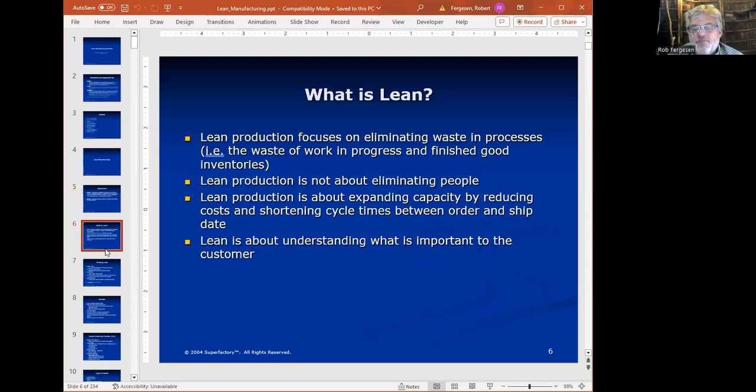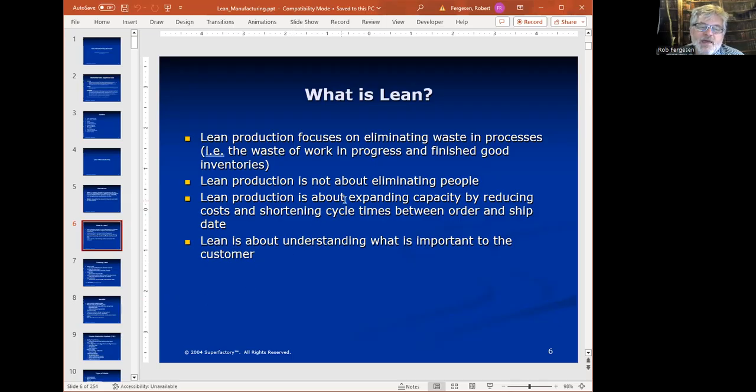So what is lean? This is sort of the overall definition of it. It focuses on eliminating waste. It's not about people. It's not about kind of making your process cheaper. It's about making it more valuable for less waste.